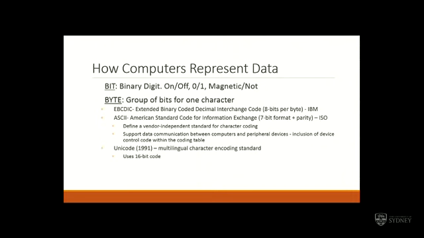ASCII is a famous and fairly well-known one. ASCII is the American Standard Code for Information Interchange. It essentially maps a set of 8 bits, so a byte, to an individual character. It actually only uses 7 bits out of that byte, so in effect you get the ability to map 128 characters.